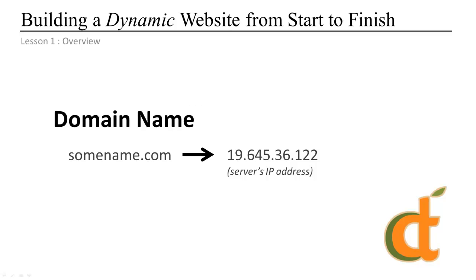And just to go over a little bit about domain names, which I've brought up a couple times. A domain name is really just a shortcut or a fancy alternative to the actual server's IP address.